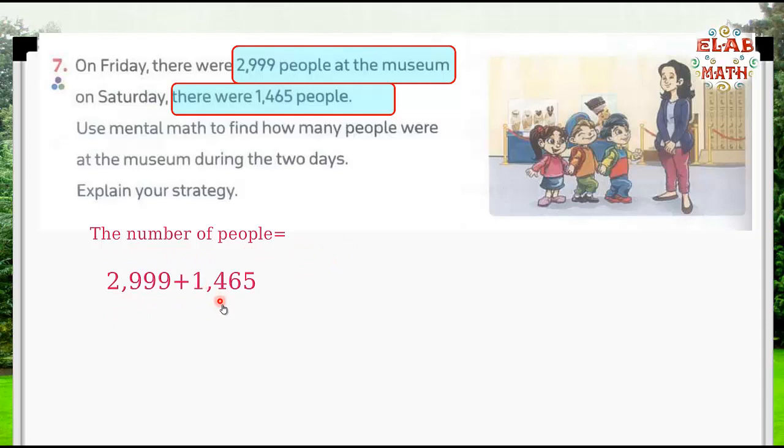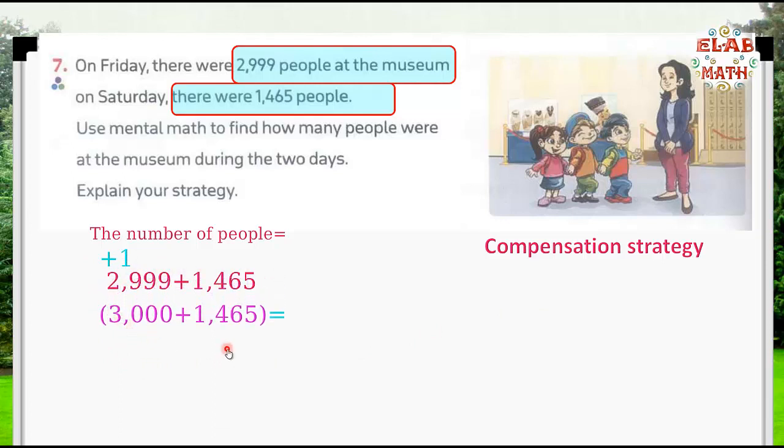Here the number of people equals 2,999 plus 1,465. We can use the compensation strategy to find the sum. You can add 1 to the first number to be 3,000 instead of 2,999. Make addition now. 0 plus 5, 5, 0 plus 6, 6, 0 plus 4, 4, 3 plus 1 equals 4, 4,465.